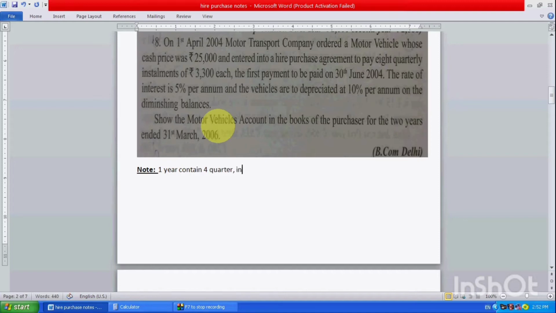Every quarter means 3 months. Interest to be paid: 1 year contains 4 quarters, so interest is to be calculated for every quarter.